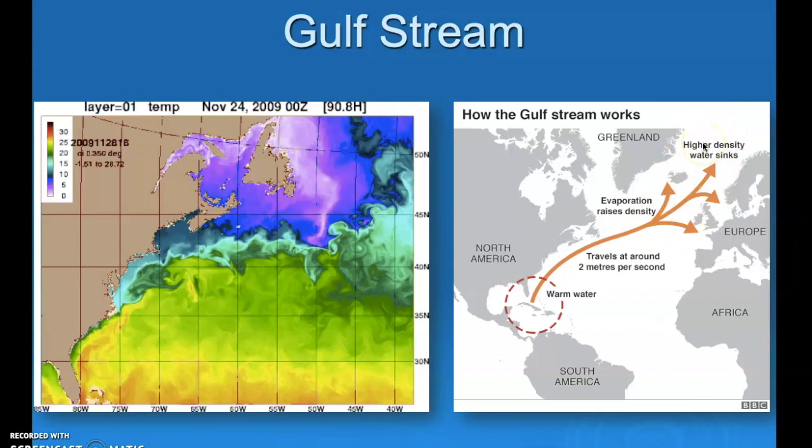And as it cools down, it becomes more dense, and therefore it sinks to the bottom of the ocean. So the warm water that is lower in salinity is along the surface, and then it cools down, sinks, becomes more dense, higher salinity, and then travels along the ocean floor. So that is how the Gulf Stream works.